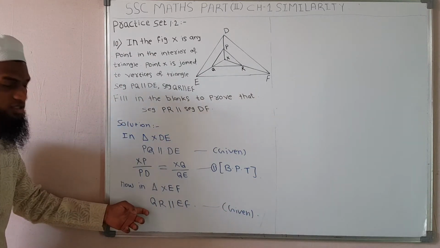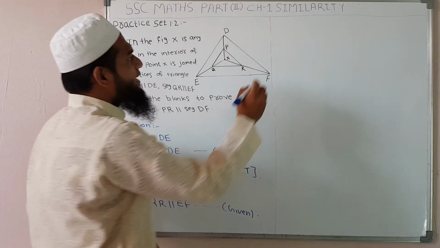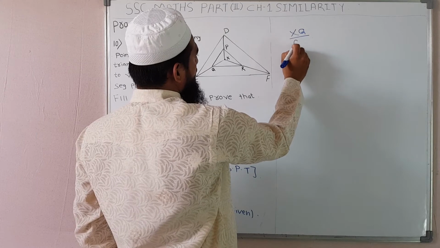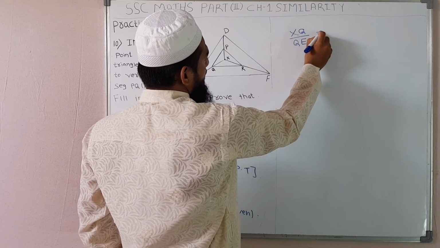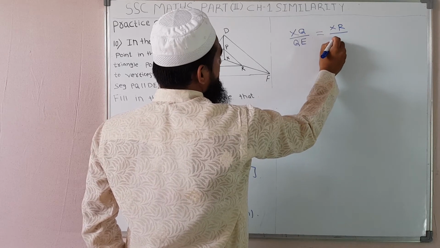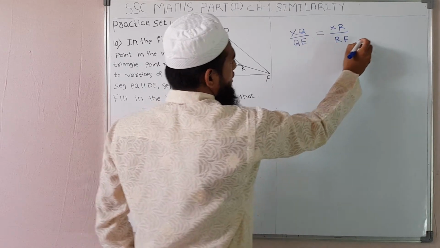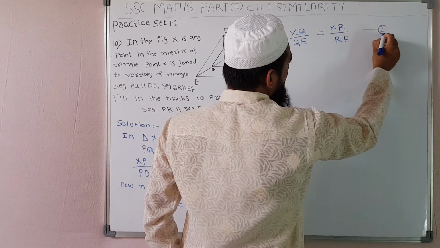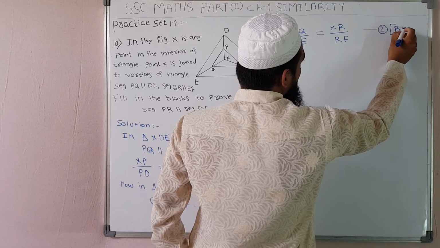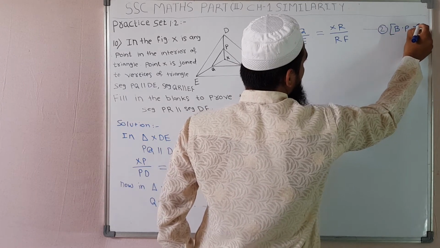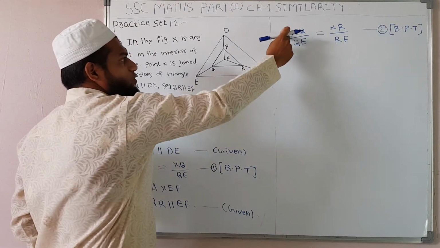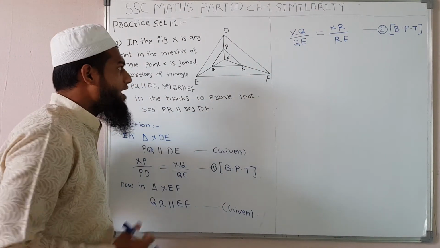So according to this, we can write that XQ upon QE is equal to XR upon RF. Give it as equation number 2. And what is the reason? The reason is the basic proportionality theorem. According to the basic proportionality theorem, XQ upon QE is equal to XR upon RF.